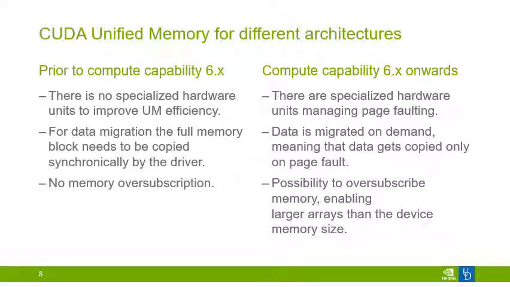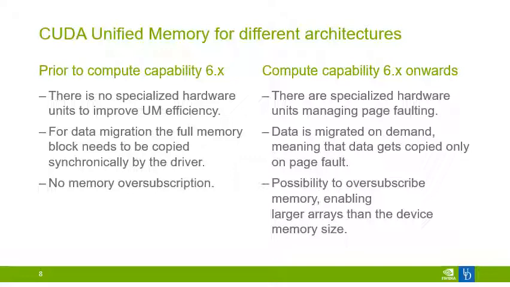It's important for you to know that different compute capabilities have different unified memory capabilities. For example, prior to compute capability 6, there are no specialized hardware units to improve unified memory efficiency. Every time the driver needs to migrate data, the full memory blocks need to be copied synchronously by the driver, and there is no memory oversubscription.